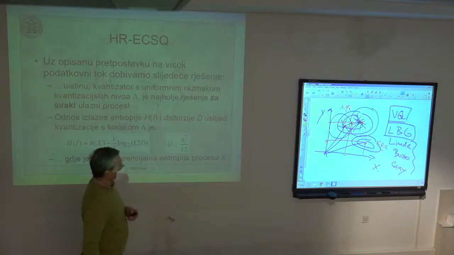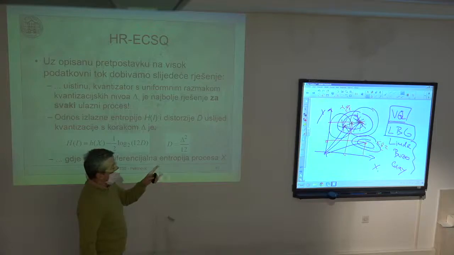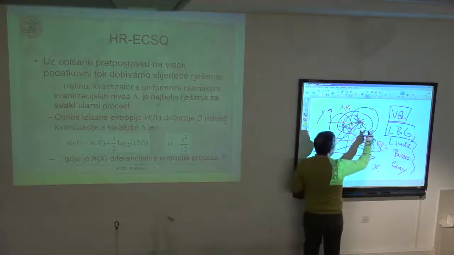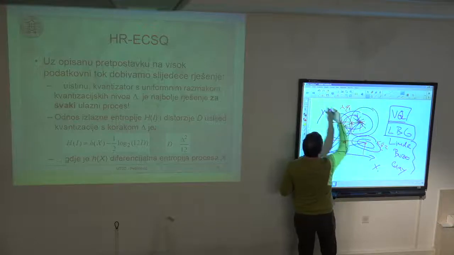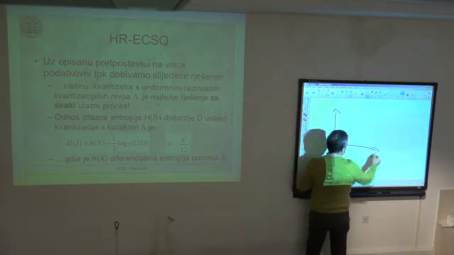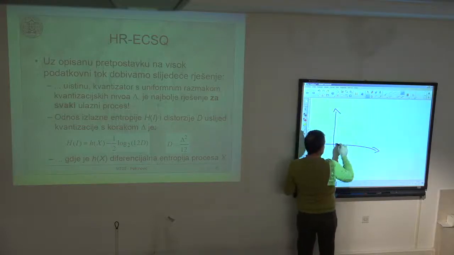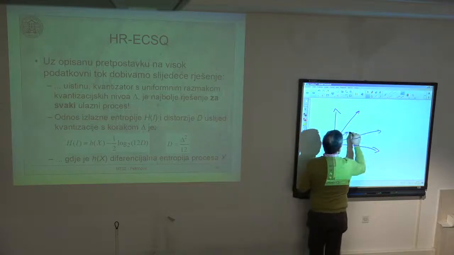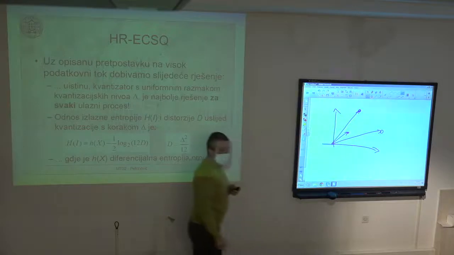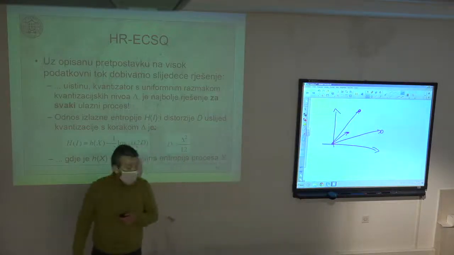Okay? But in this case, what is the constraint? The constraint is resolution. So I have a fixed number of classes. In the case of VQ, these three representatives do the tessellation of the space. So I have the first representative, the second one, and the third one. So how do I do this tessellation of this two-dimensional space?